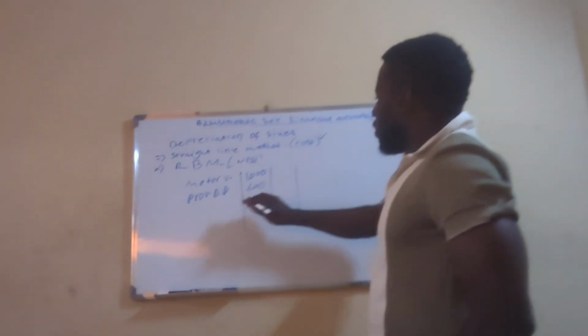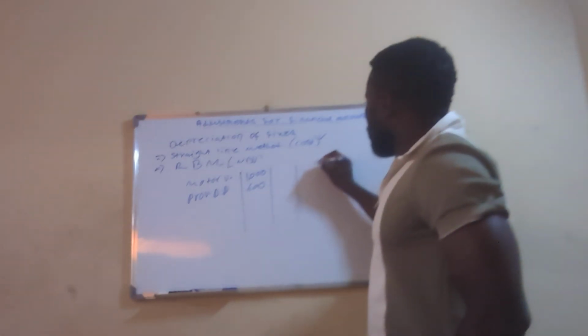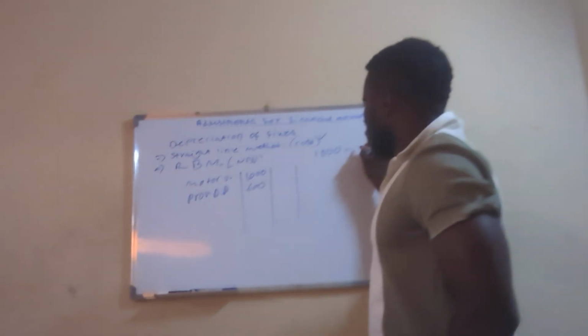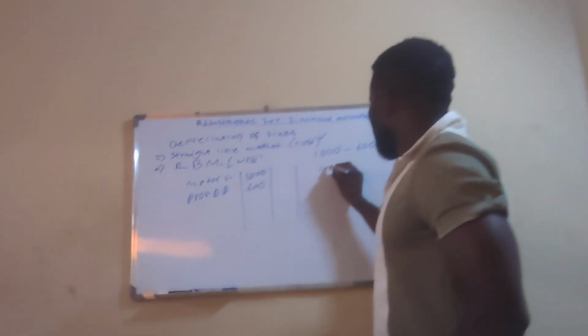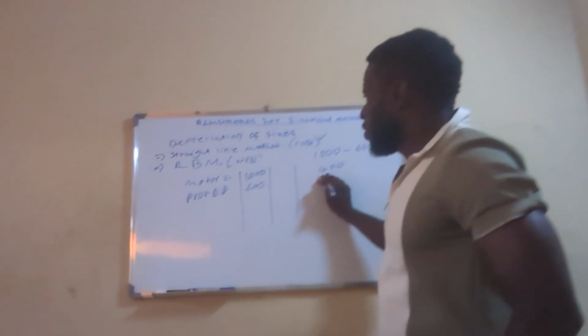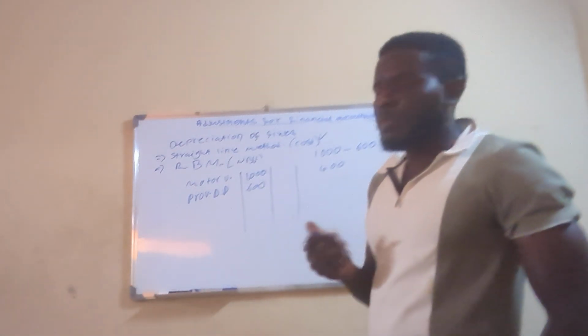We are going to subtract this provision for depreciation, the 600, from the 1,000, and whatever we remain with is 400. So this 400 is where we are going to calculate the depreciation.